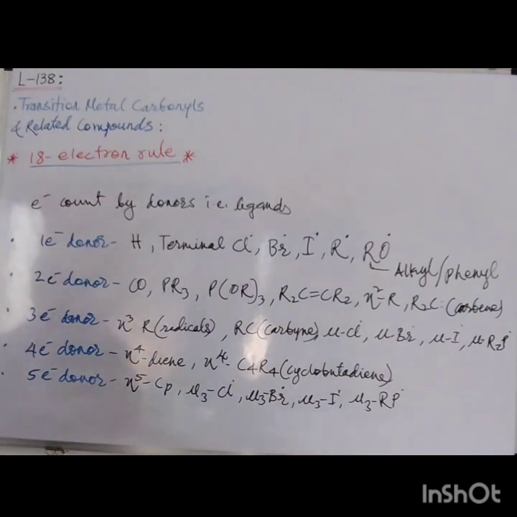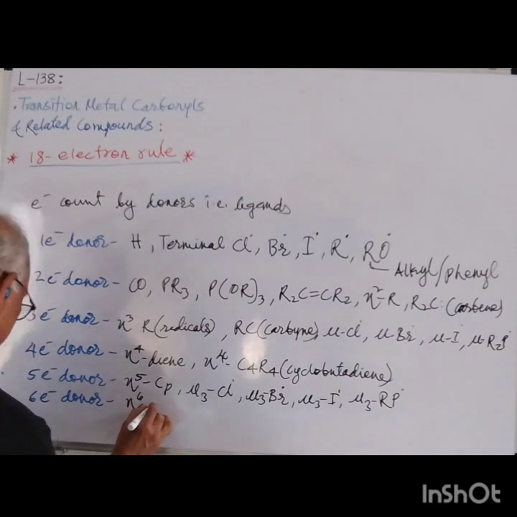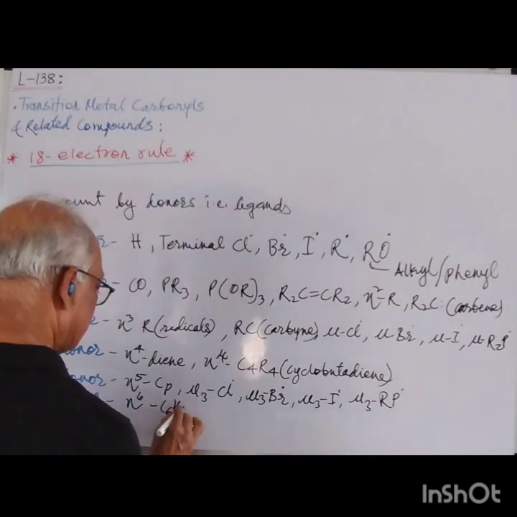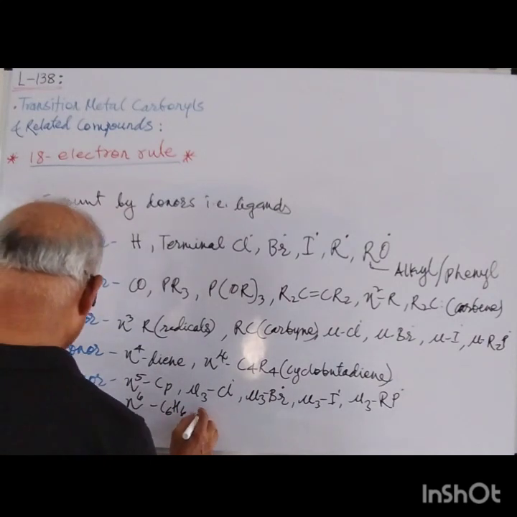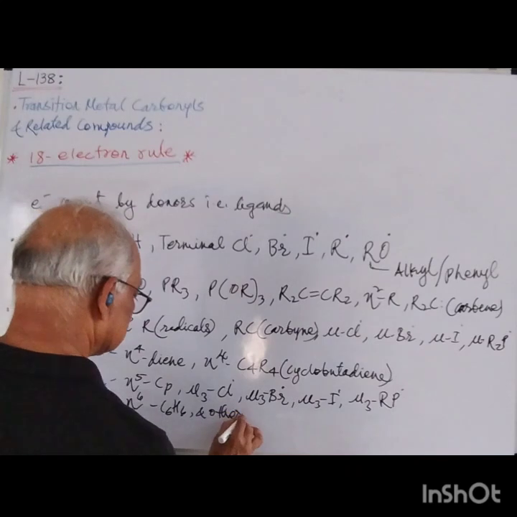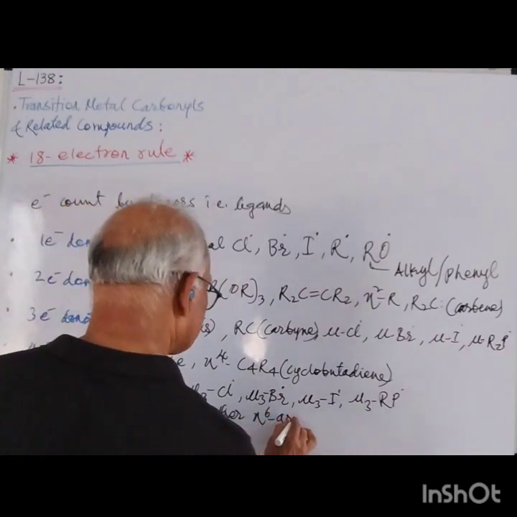Then 6 electron donors. These are eta6, that is C6H6 and other eta6 rings.